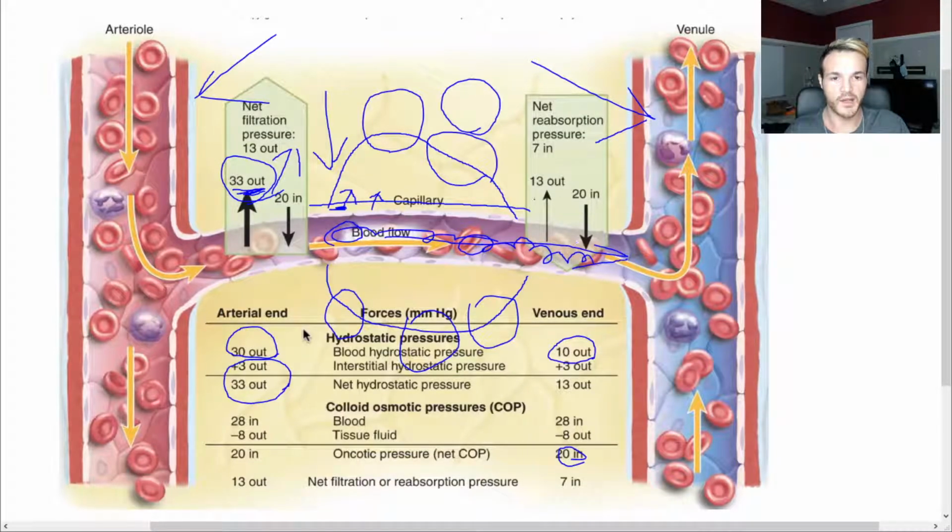It's like a system of tubes that are open on either side, and every time it passes and leaves fluid behind, the pressure goes down. So you end up with a lower hydrostatic pressure. Again, the oncotic pressure of 20 is still the same. So 10 going out, 20 going in. That leaves us with a net of 7 in.